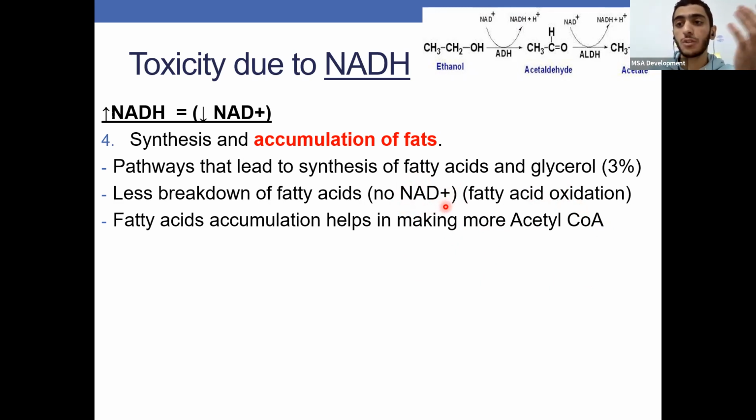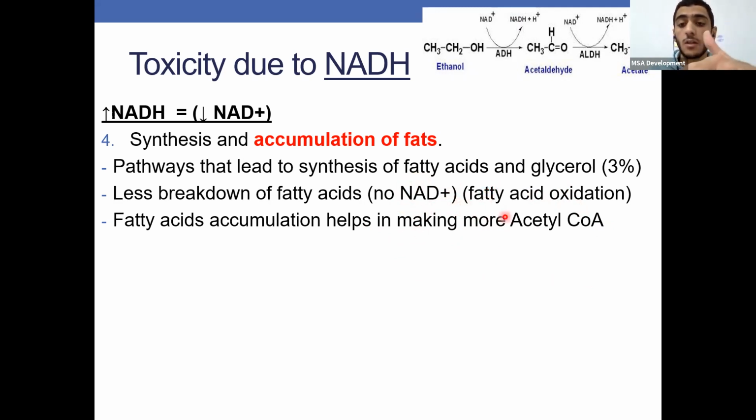It's similar to glucose. You know how we need the NAD positive to break down glucose, and glucose would become a source of energy? We need the NAD positive to break down the fats, and these would become a source of energy. So if we don't have the NAD positive, we can't break down glucose, we can't break down fats. Since we can't break down glucose, we talked about what happened in the previous step.